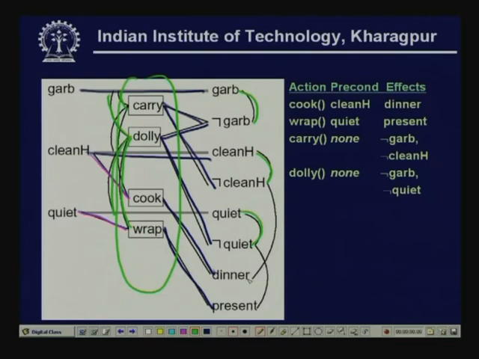Then dinner is mutex with not clean hands, because dinner requires clean hands. Present is mutex with not quiet, because present requires quiet. So, these are the mutex relations between the different propositions.